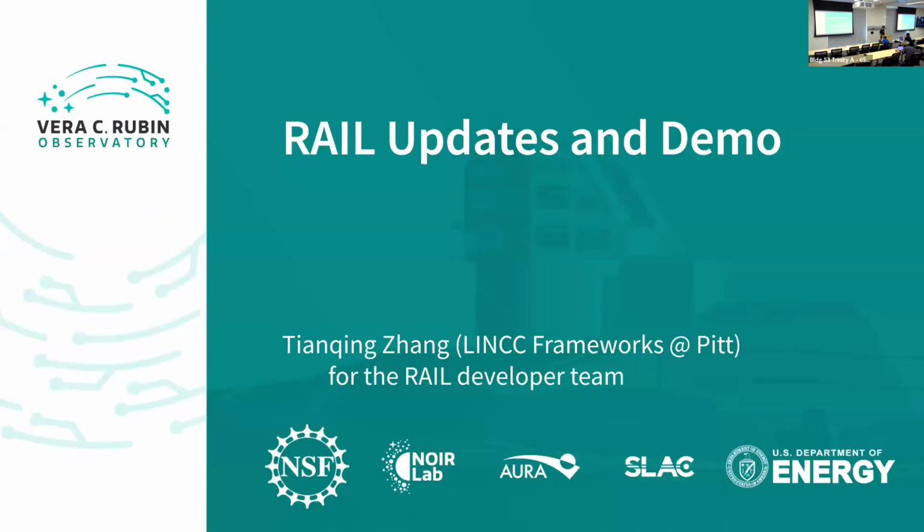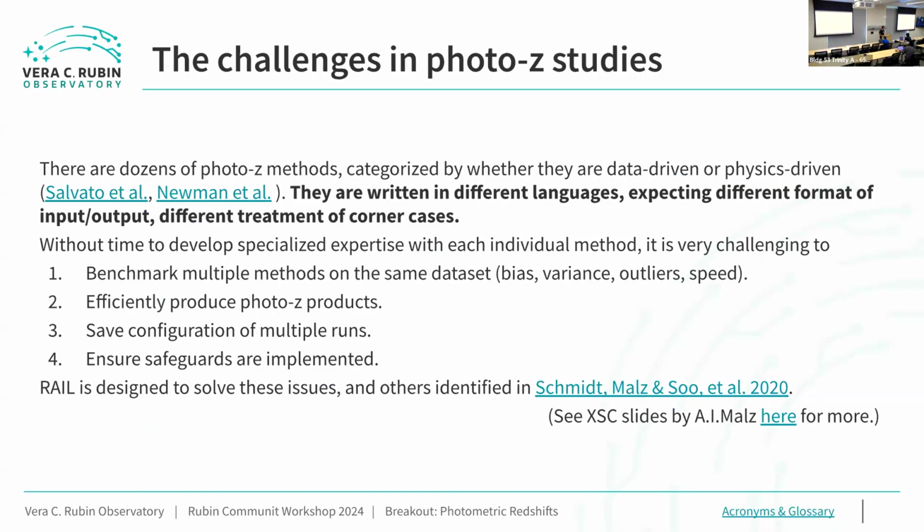Next up, I will be giving an update on RAIL development on behalf of the RAIL developer team. Before talking about RAIL, I want to talk about the challenge we face in doing research and also production in the PhotoZ world. If you go into any review paper of PhotoZ methods developed in the past few decades, you'll find that there are dozens of methods.